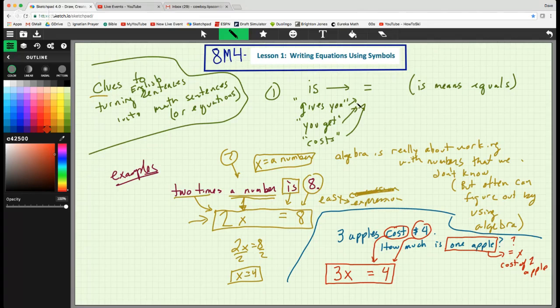So let's think about how we use gives you or you get. Let's do one of those just so you see that. If you add 3 to a number, you get 2 times the number.